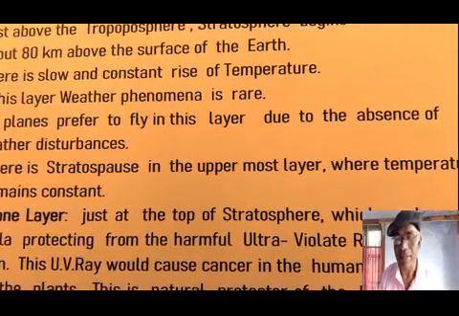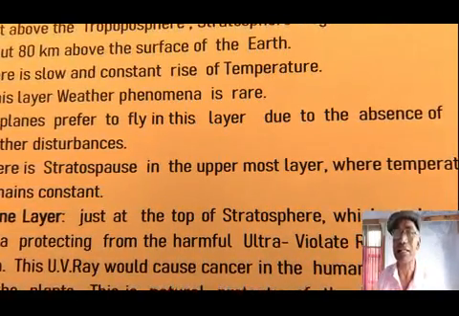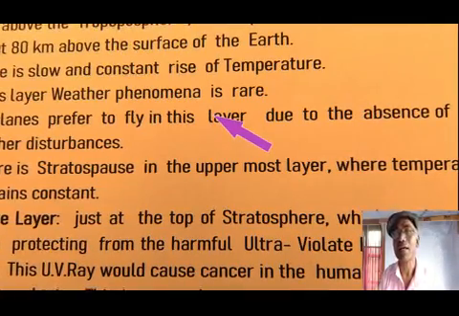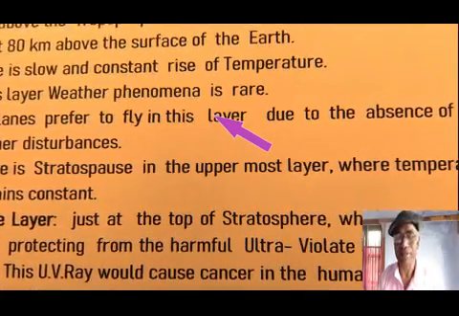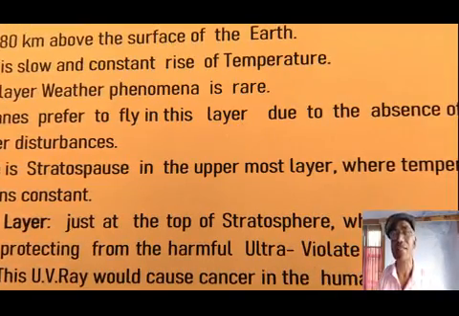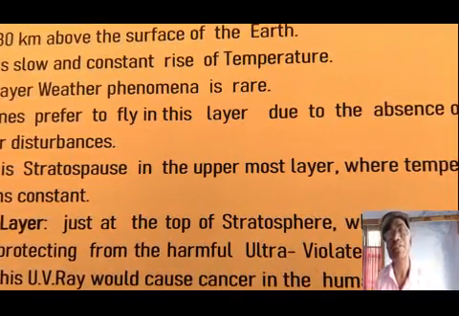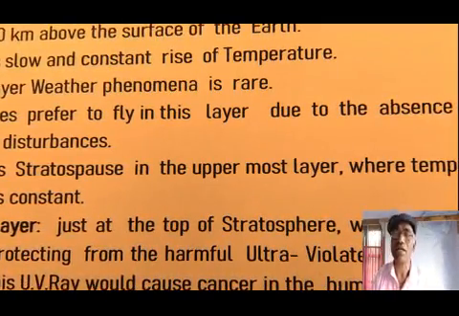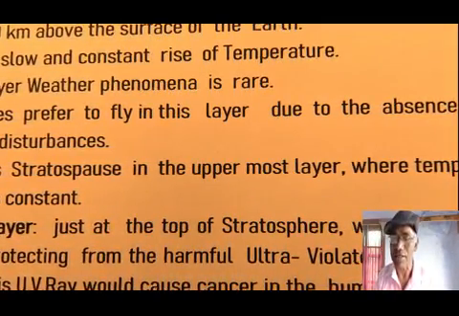In this layer, weather phenomena, the sudden change of the phenomena, is rare. The jet planes prefer to fly in this layer due to the absence of weather disturbances, which we just learnt now.